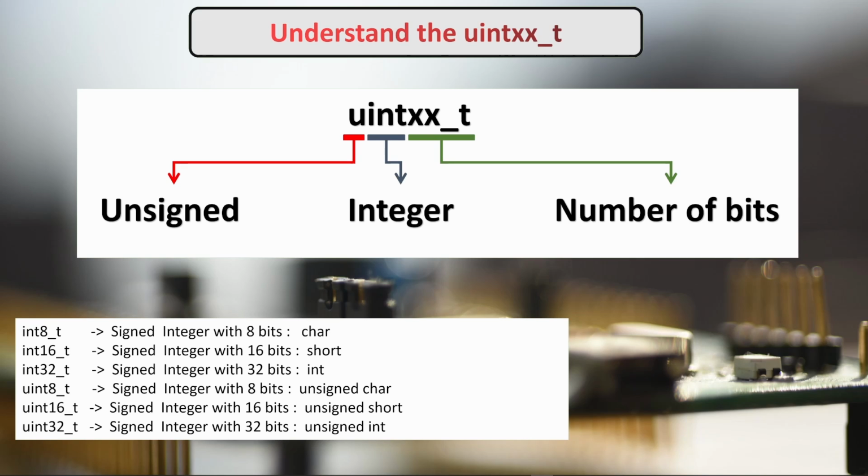But the question comes here. We already have the char, the short, the int, and the unsigned char. Why do we need this kind of int8_t? This is because the definition of char may change from one microcontroller to another, from one C compiler to another. Some compiler might say, I have huge computing power and my microprocessor can manage 32 bits in one row, which means my char is 32 bits.